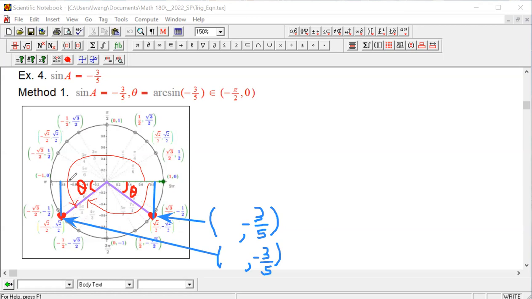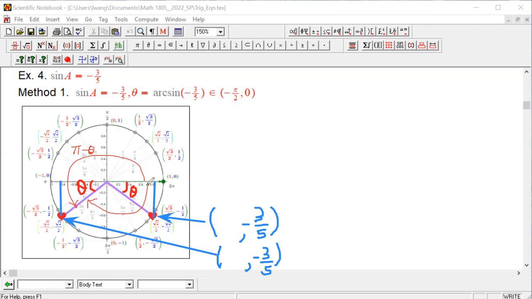So this is pi plus theta, but theta itself is negative. Normally you would do pi plus theta, but here we need to do pi minus theta because theta itself is negative. Put a negative sign and you make it positive. So this is the tricky part.